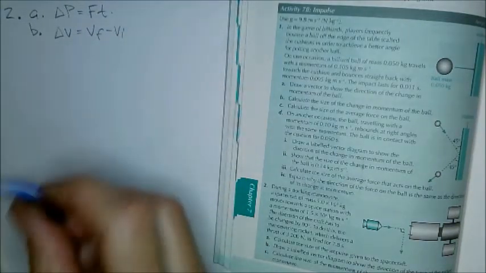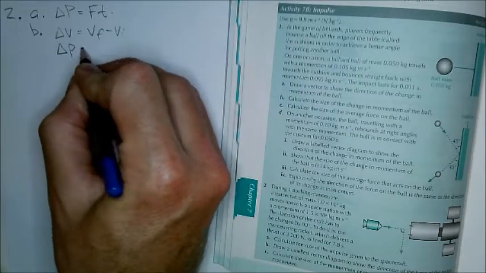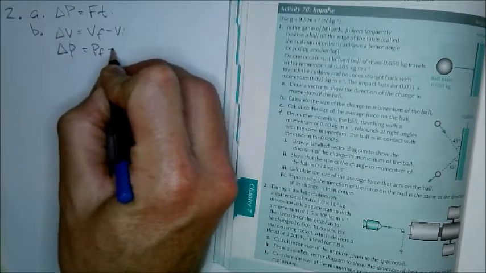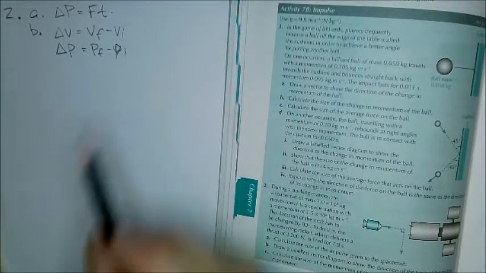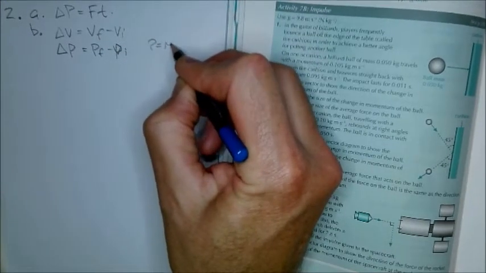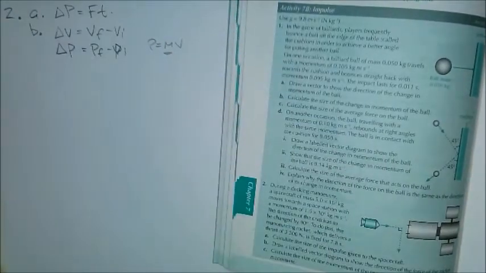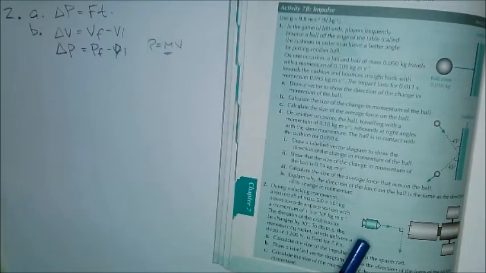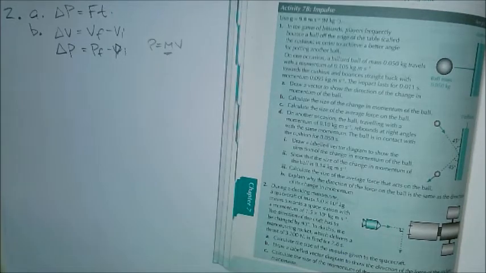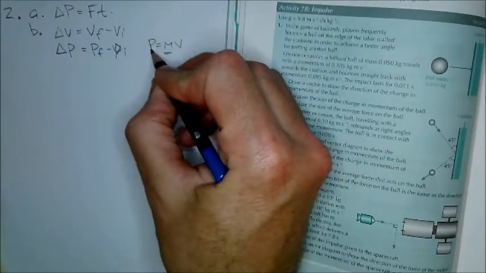And that's the same thing as delta P equals Pf minus Pi, because when it comes down to it, p just equals mv, and nothing's happening to the mass, or at least not that they're telling us.